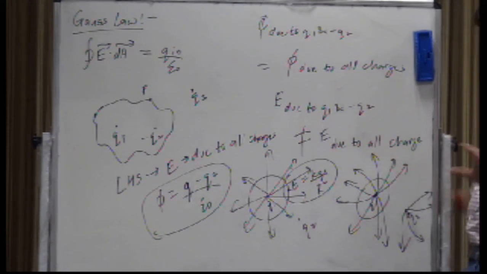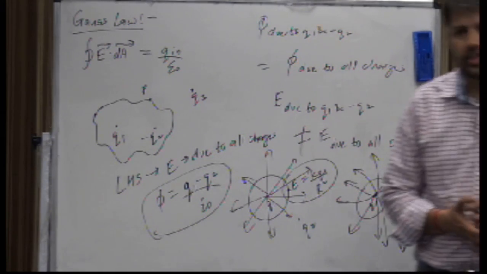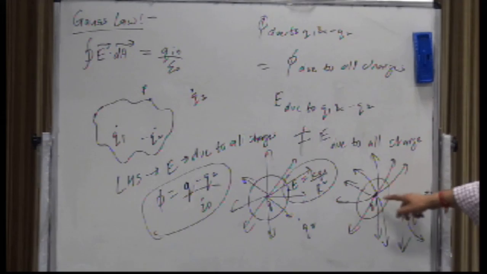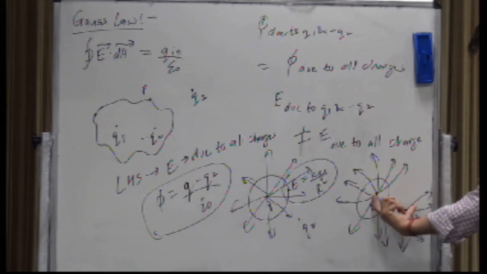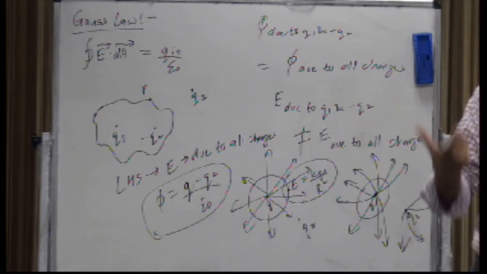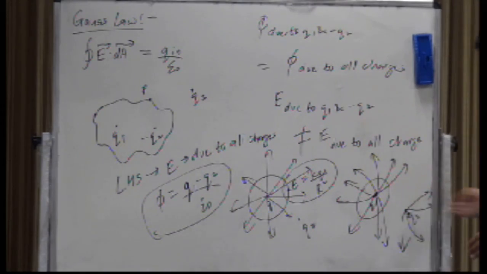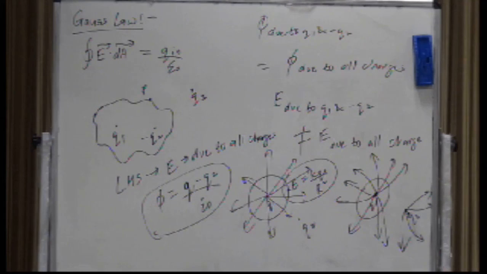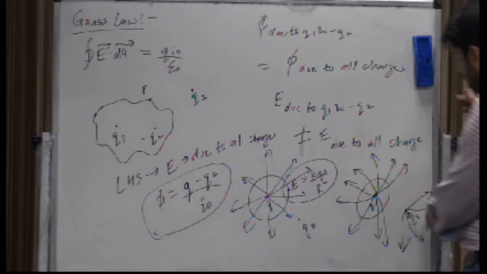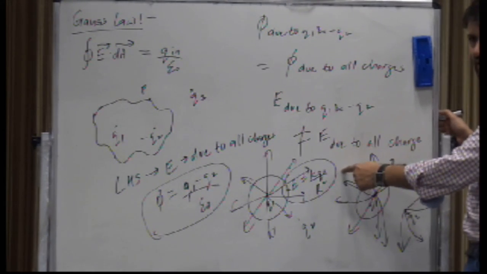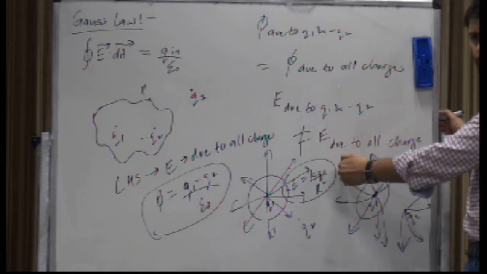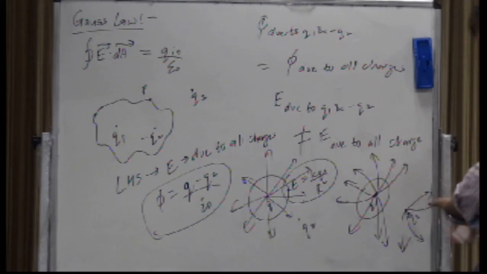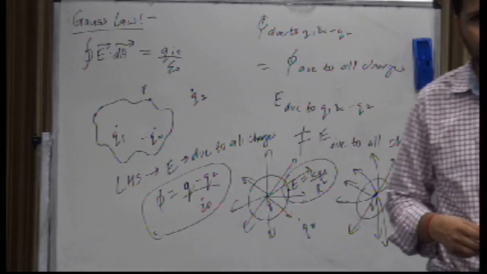She's asking, what if Q2 is negative, would the field be zero anywhere? It won't be zero in between the two charges, but it may be zero away from Q2 or away from Q1, depending on which one is bigger. If Q2 is bigger, field would be zero somewhere away from Q1. If Q2 is smaller, field would be zero somewhere away from Q2, right?